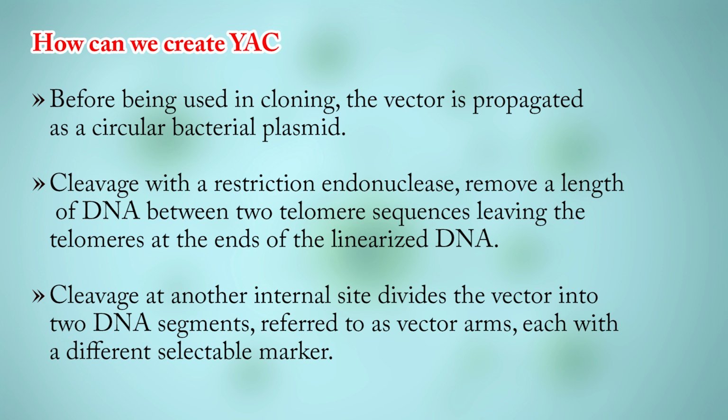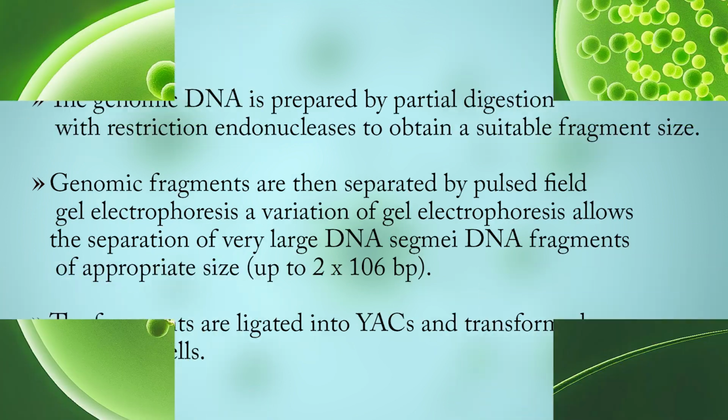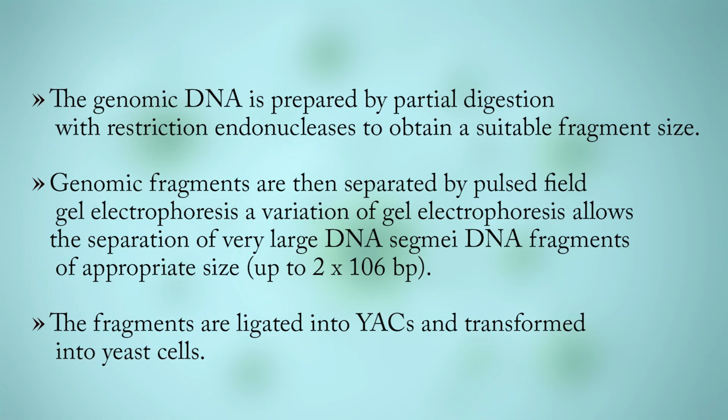As you know, to start any cloning experiment, you have to isolate the genomic DNA and cut it into a suitable DNA fragment size to be cloned. These genomic fragments can be separated based on size, for example by electrophoresis. So, this gives a little detail of how it can be used as a vector.